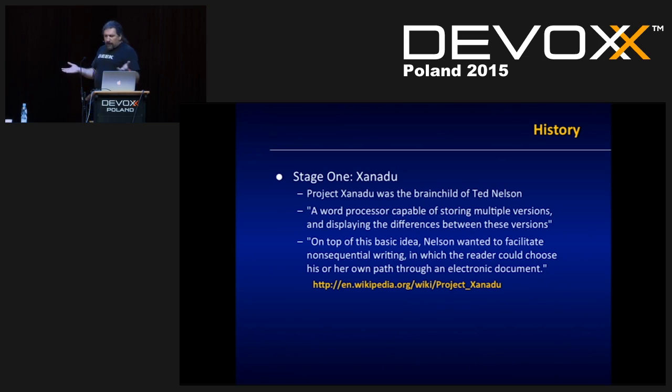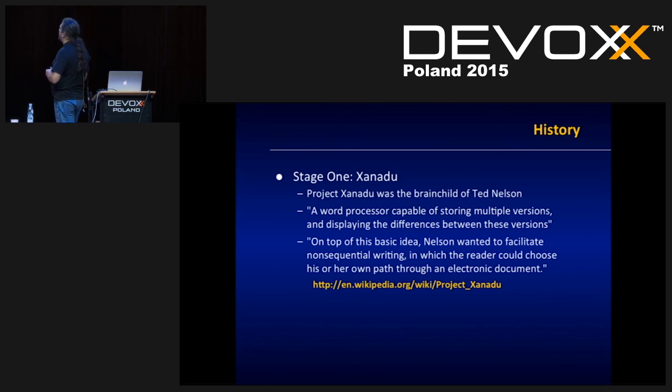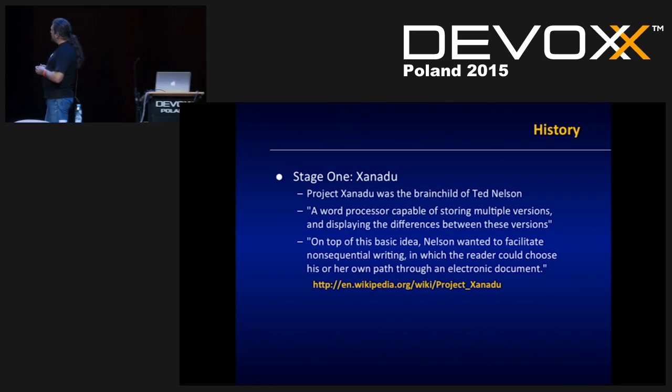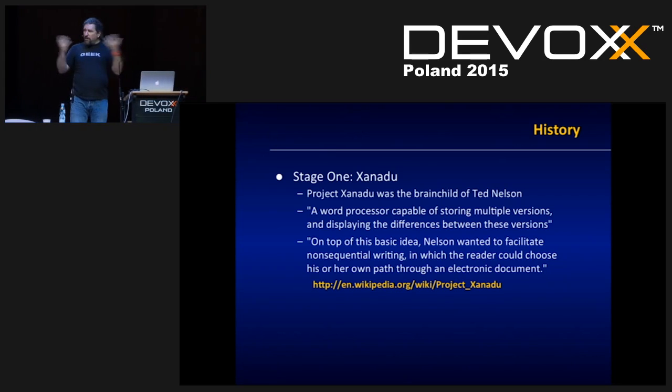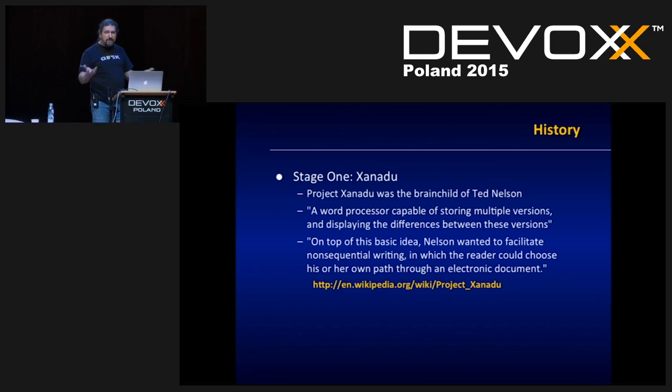A word processor capable of storing multiple versions, displaying the differences between those versions, wanting to facilitate non-sequential writing in which the reader could choose his or her own path through an electronic document. In other words, in 1960, he's already thinking about hypertext.